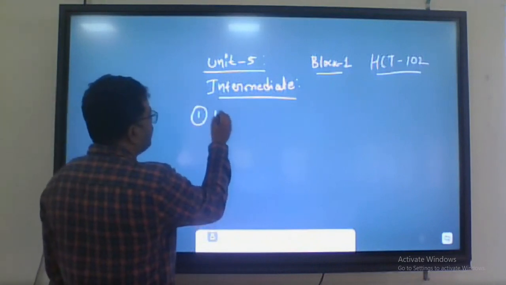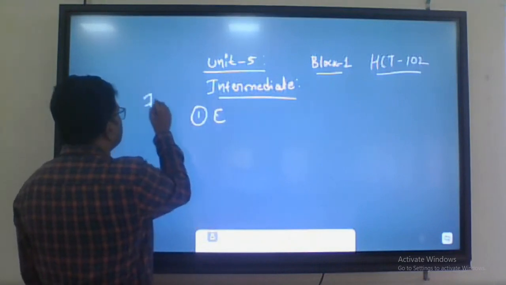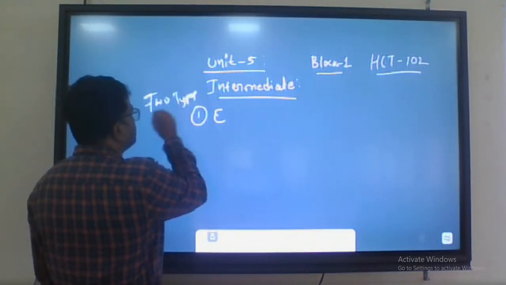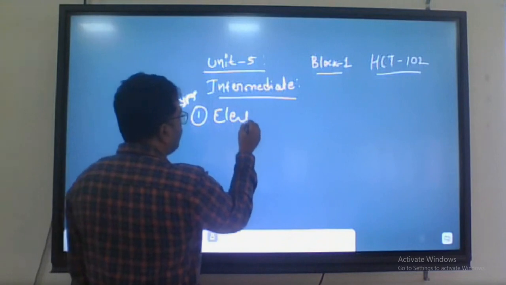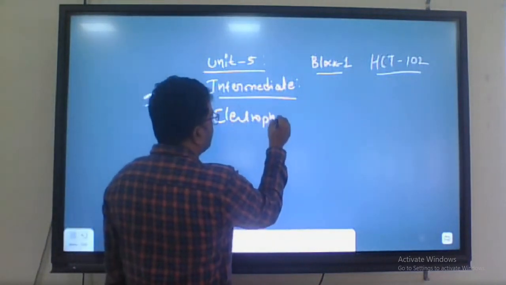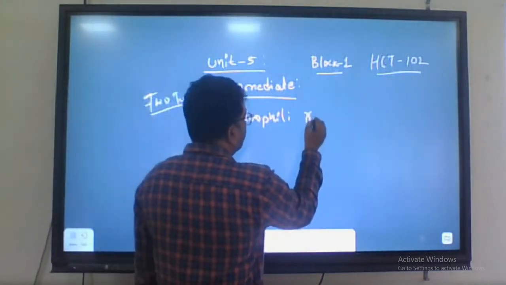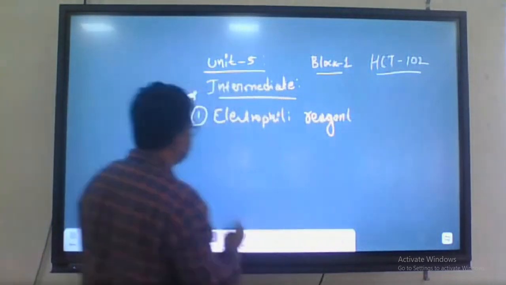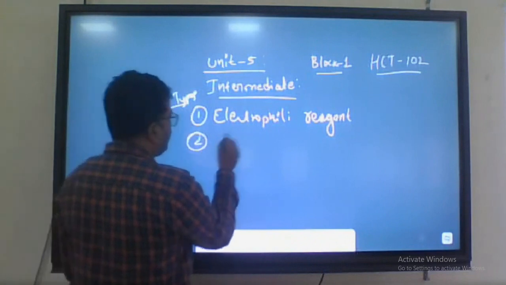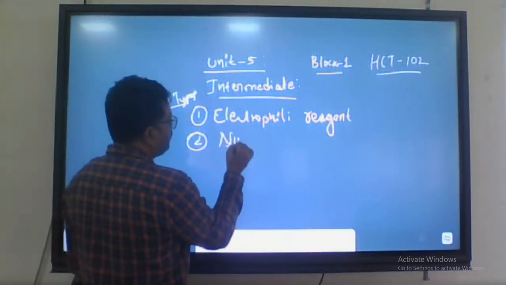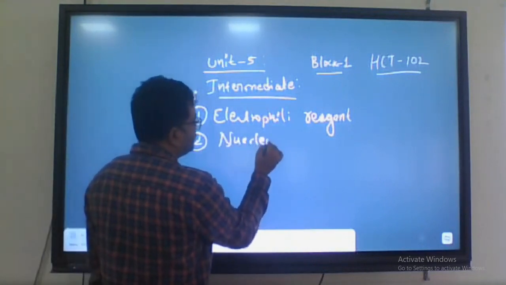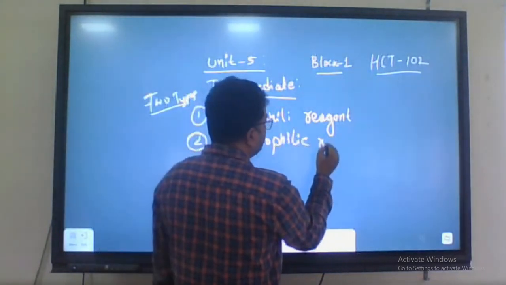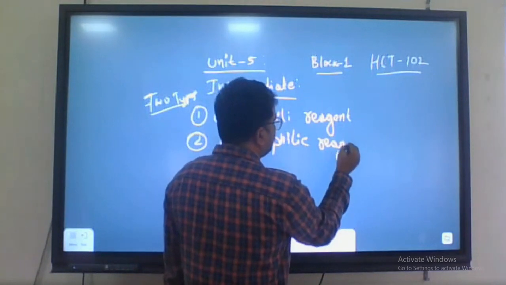One is the electrophilic reagent, and another one is the nucleophilic reagent.